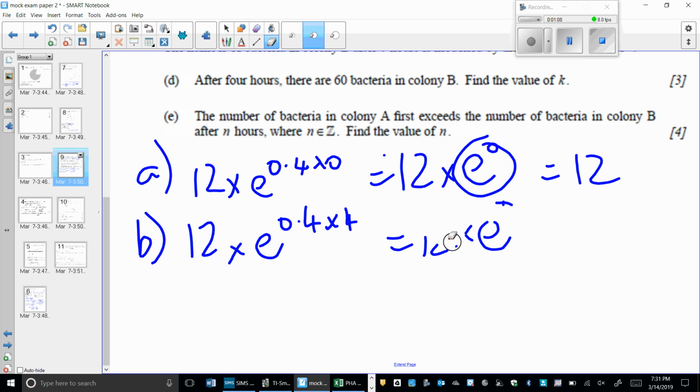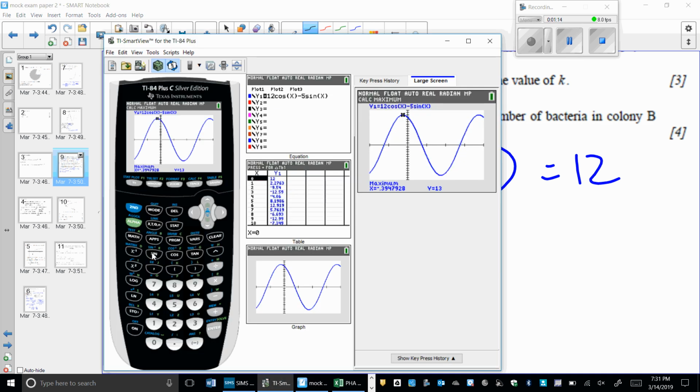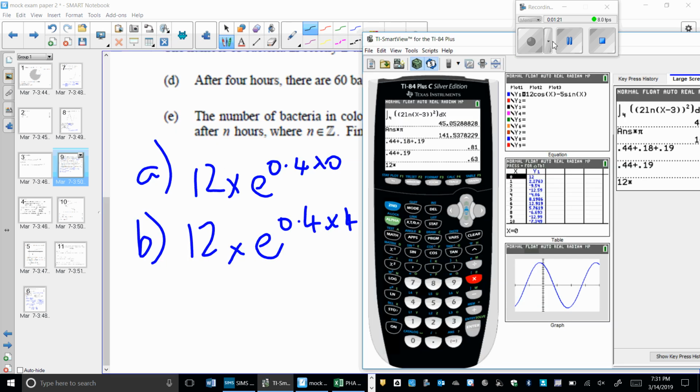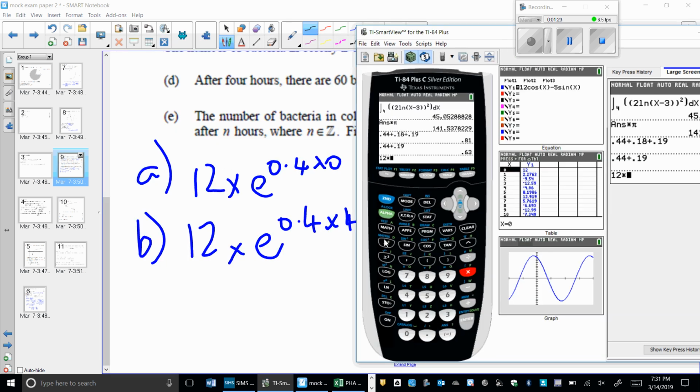Just chuck it in the calc. 12 multiplied by E to the power 0.4 multiplied by 4.